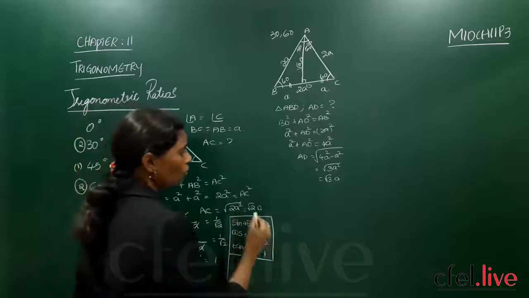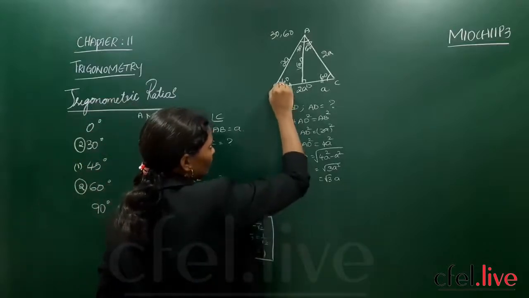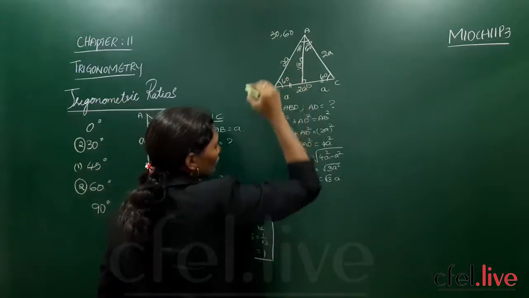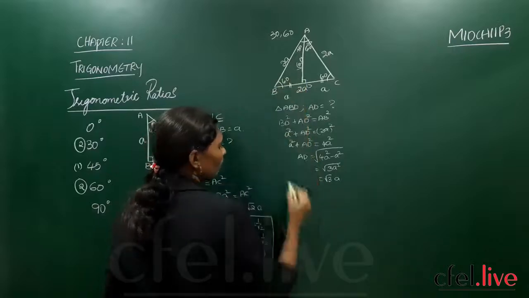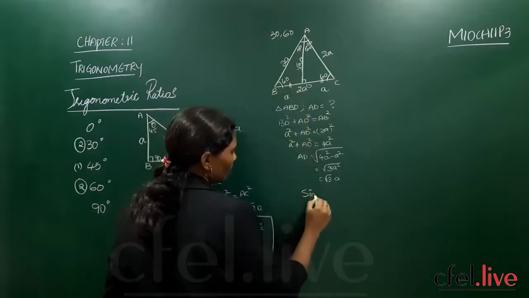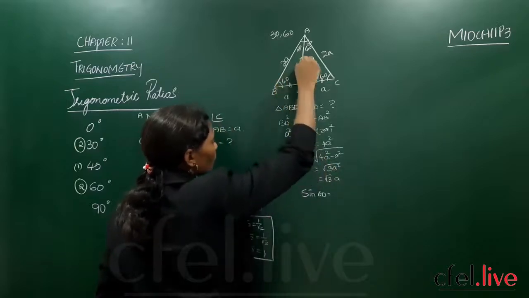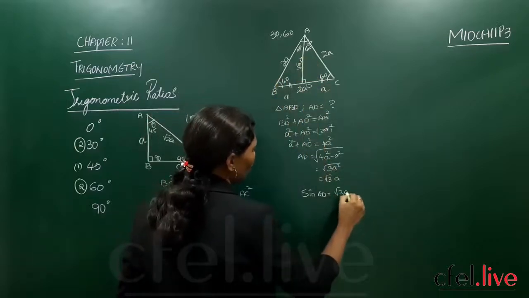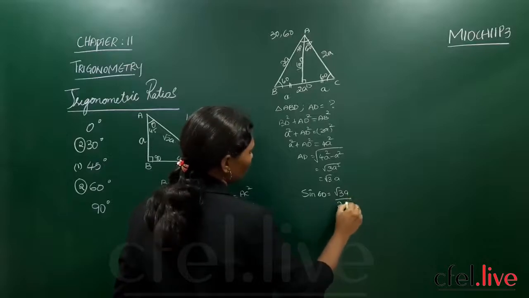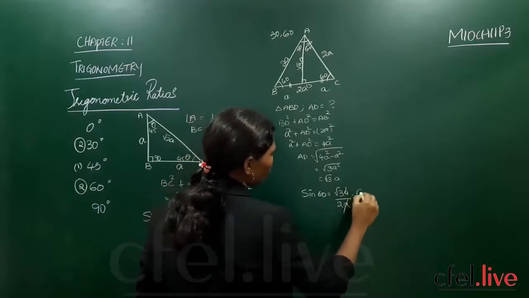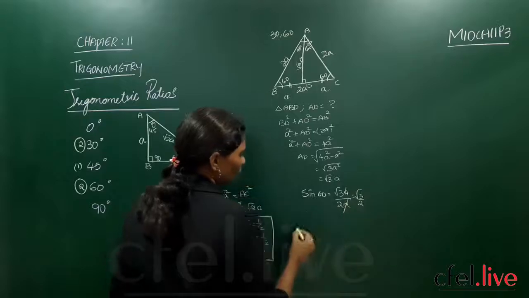Right? Now you are standing at B. You got all three sides. So what is the angle at B? 60. So sine 60 is equal to, you are standing here, so opposite, root 3A by hypotenuse, which is 2A. A got cancelled. You got root 3 by 2.